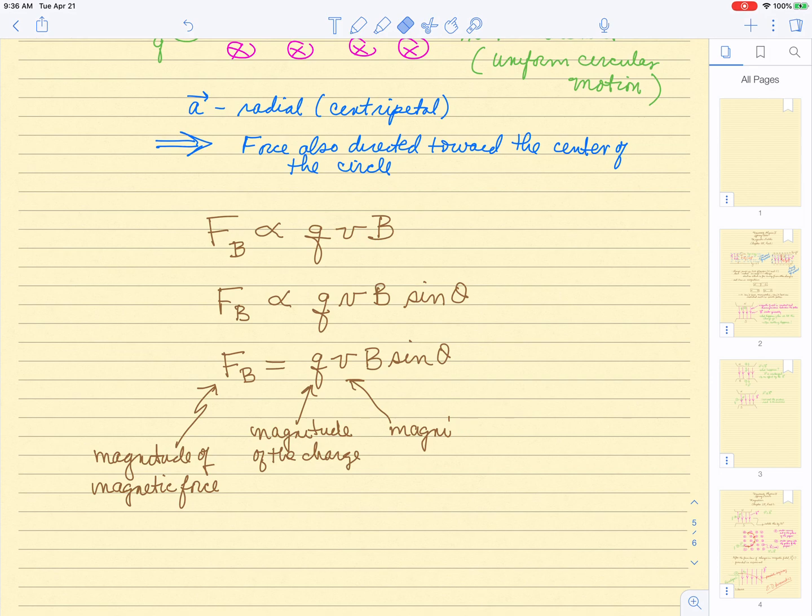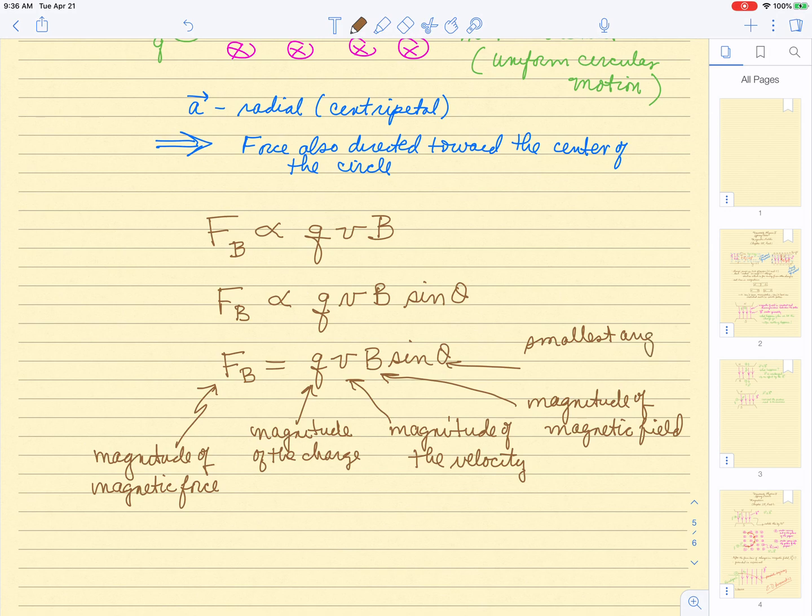This is the magnitude of the magnetic field, and theta is the smallest angle between the velocity vector and the magnetic field vector.